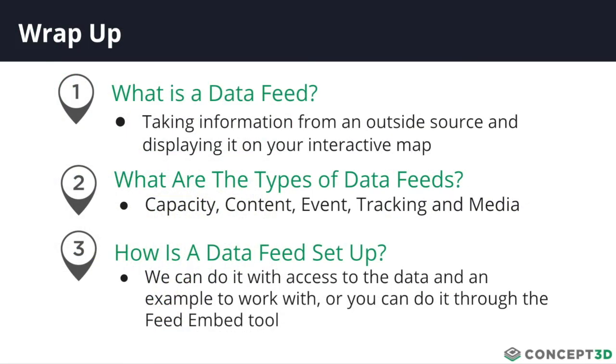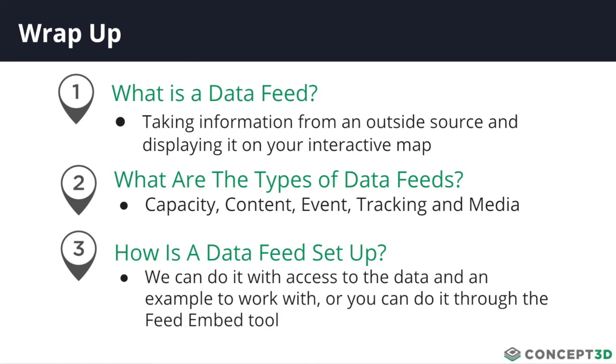So to wrap up, first and foremost, what is a data feed? A data feed is when we take information from one source and put it on the map for users to be able to interact with. What are the different types of data feeds? We have 5 currently. We have capacity feeds, like the computer lab feed from Penn State. We have content feeds, like the room details that we saw from CU Boulder.